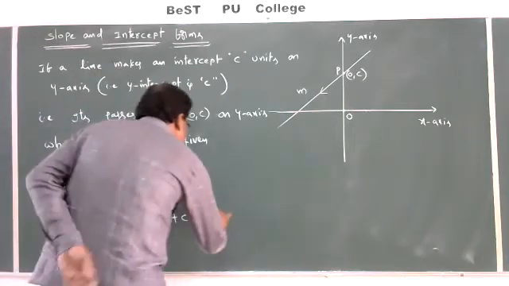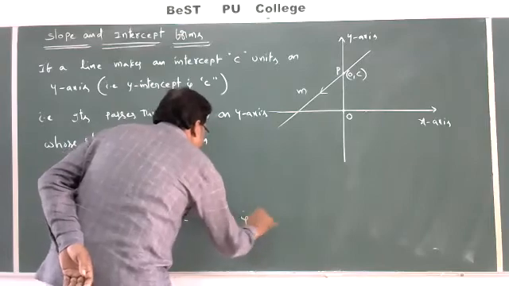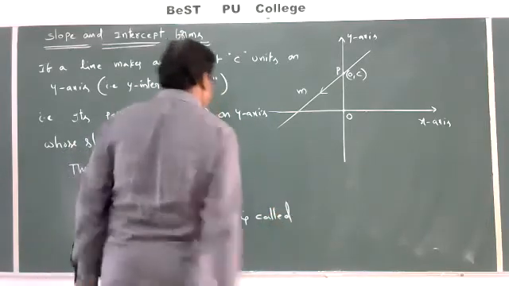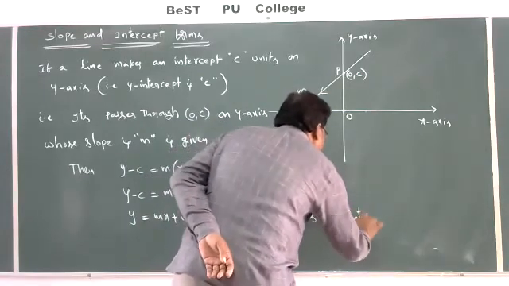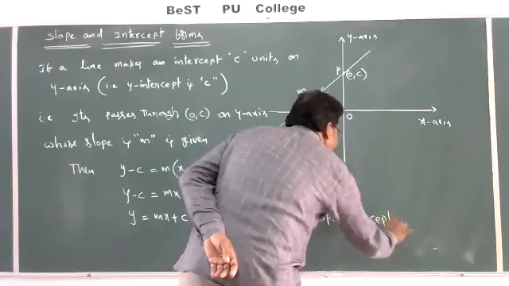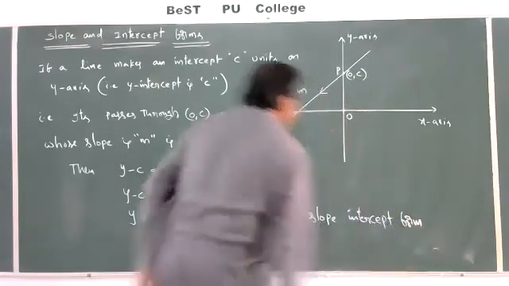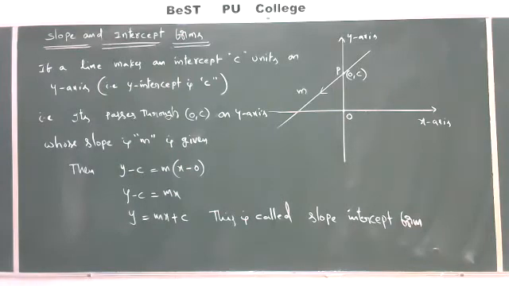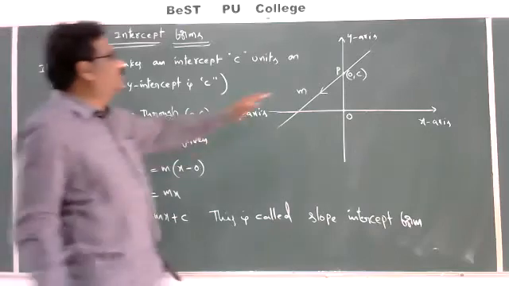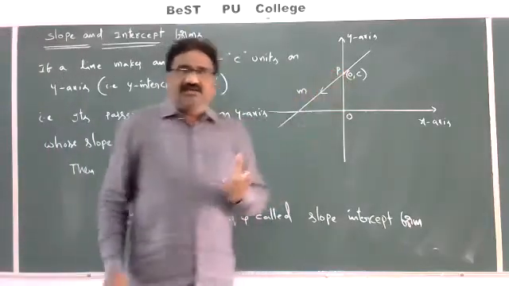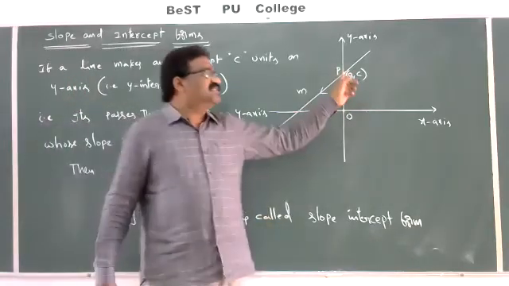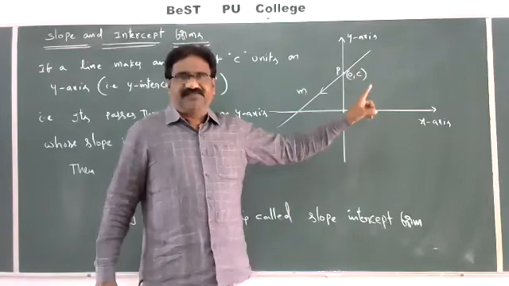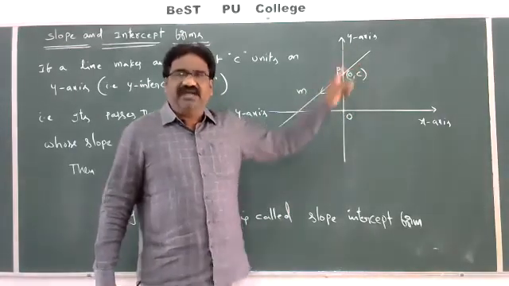This is called the slope intercept form. If a line makes an intercept of c units on the y-axis, it means it passes through the point 0 comma c. 0 comma c lies on the y-axis.